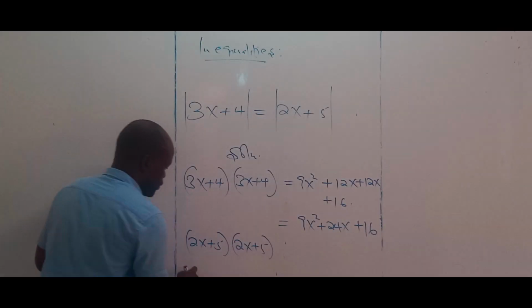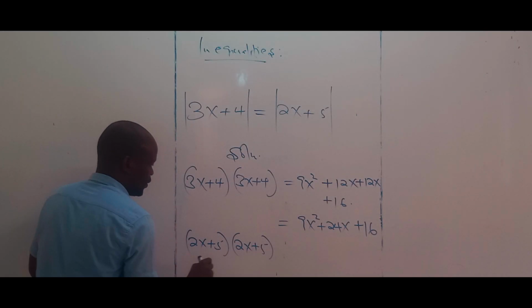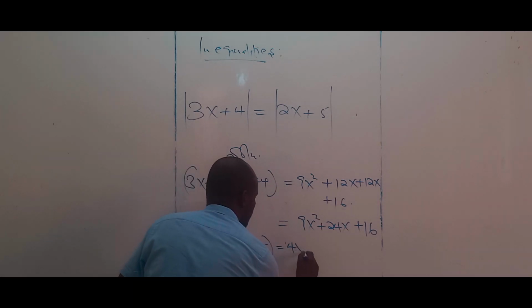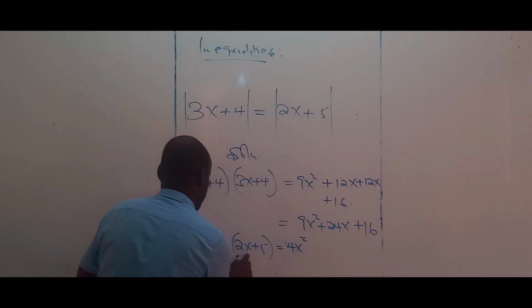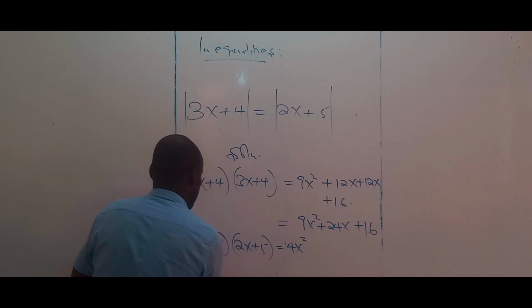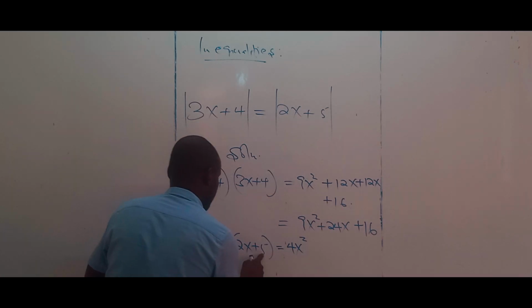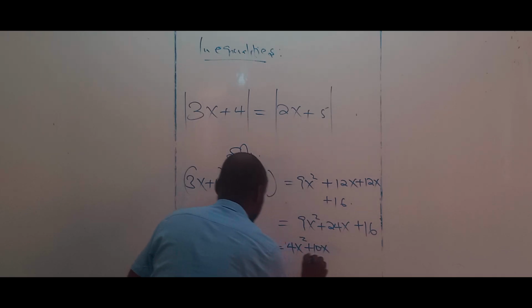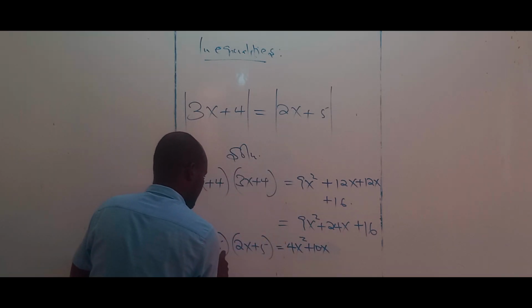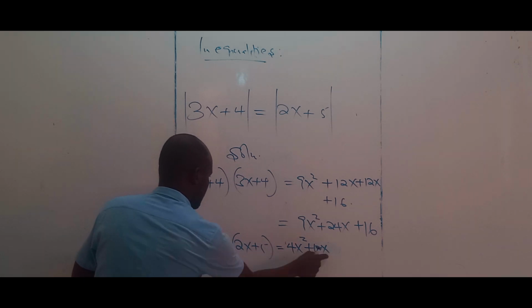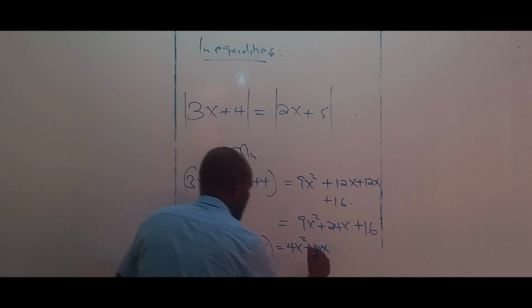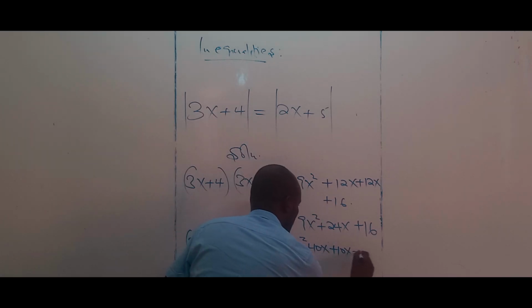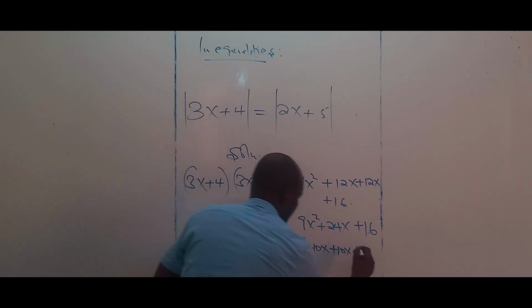So it will be this by this, which is 4x squared, plus this by this, which is 10x, then this by this will also give me another 10x, then plus this by this, which is 25.